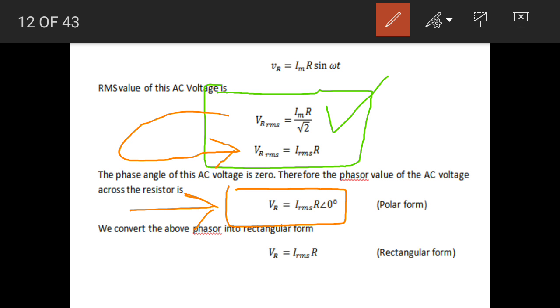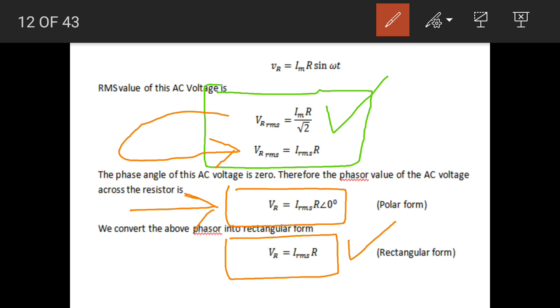We convert the polar form of representation into a rectangular form of representation. If we convert the polar form into rectangular form, the imaginary component of this AC voltage will be 0, and this phasor will have the real component only. The real component will be equal to the RMS value of this AC voltage.